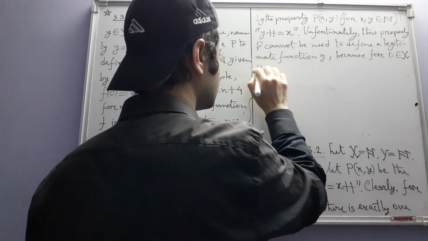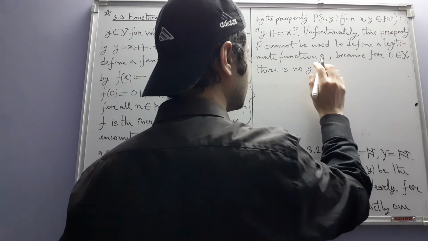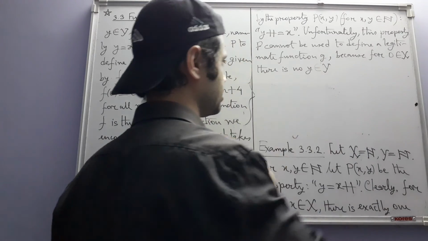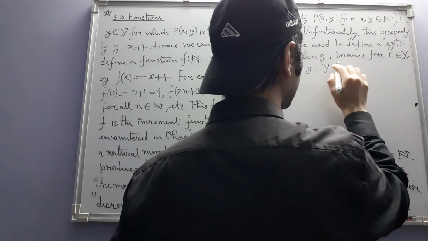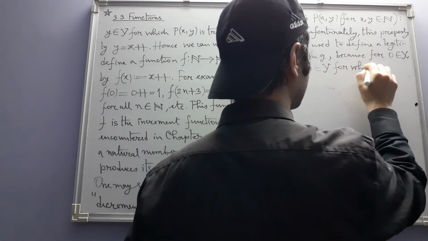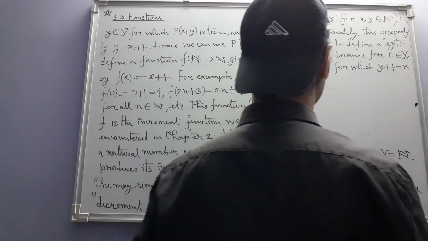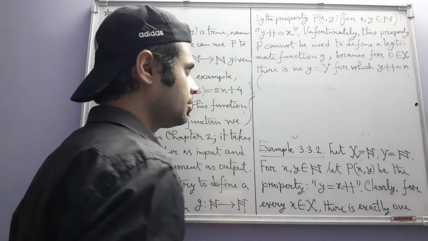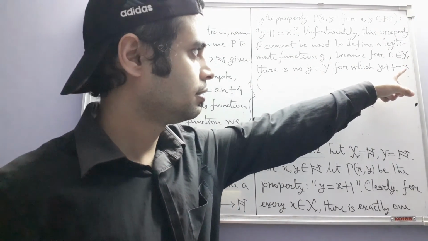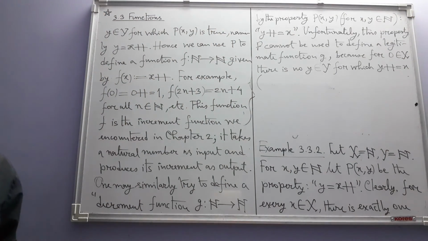There is no y in Y, which is also the set of natural numbers, for which y++ is equal to x. And why is that so? What we are saying here is that 0 is not the increment of any natural number.